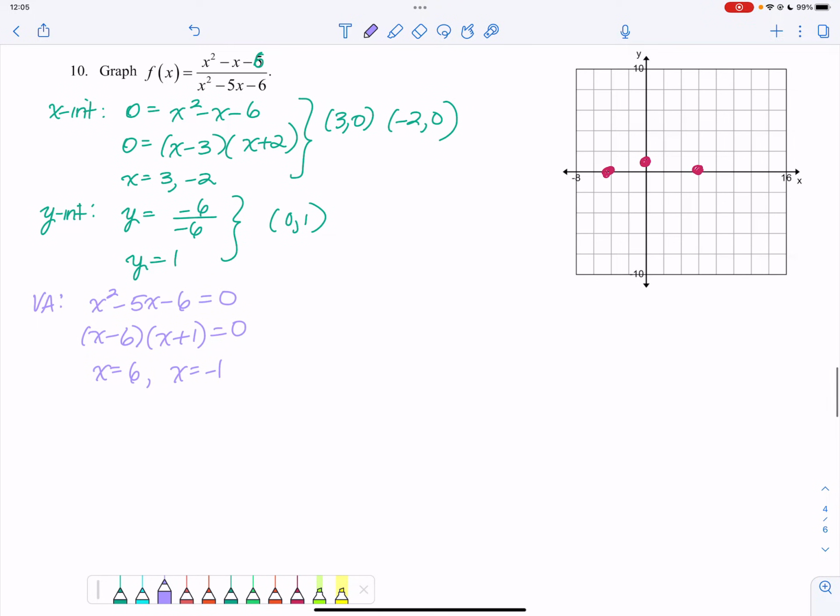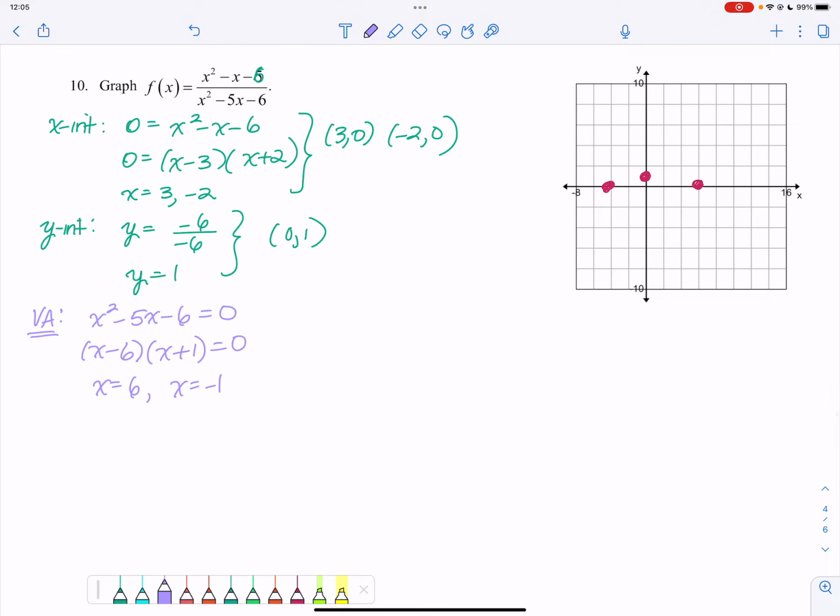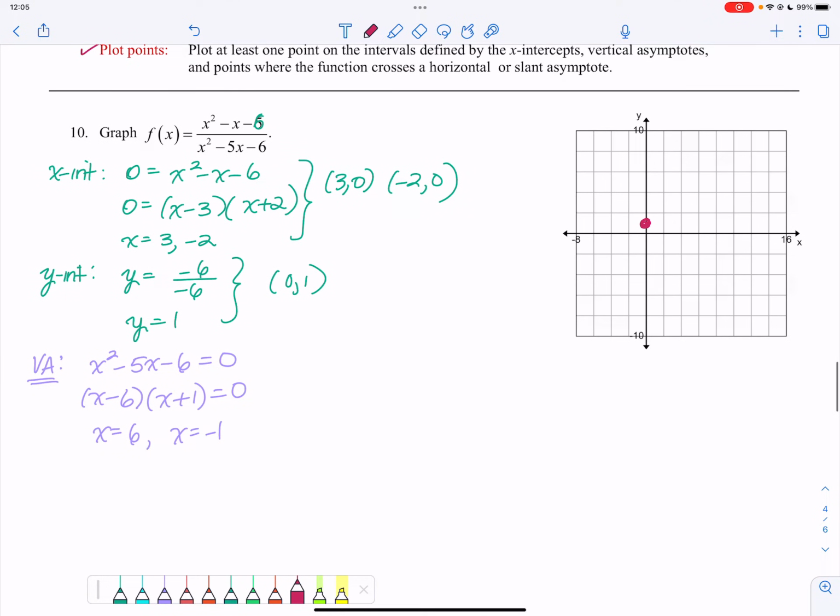And those are our vertical asymptotes. So x is equal to 6. And I think these were graphed at the wrong place. So this would have been (3, 0) and (-2, 0).